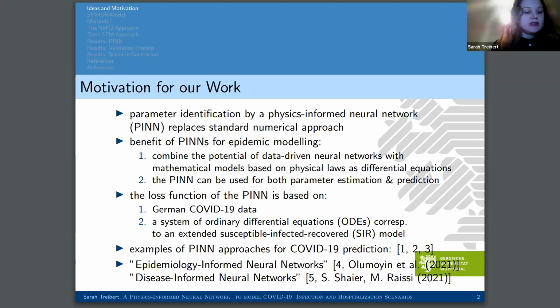Epidemiology-informed neural networks can be defined as a type of feed-forward neural network that incorporates epidemiological dynamics, and the disease-informed neural network can be described as a type of physics-informed neural network that can be applied to complex systems describing infectious diseases generally. This is just in order to put the word PINN in some context maybe.